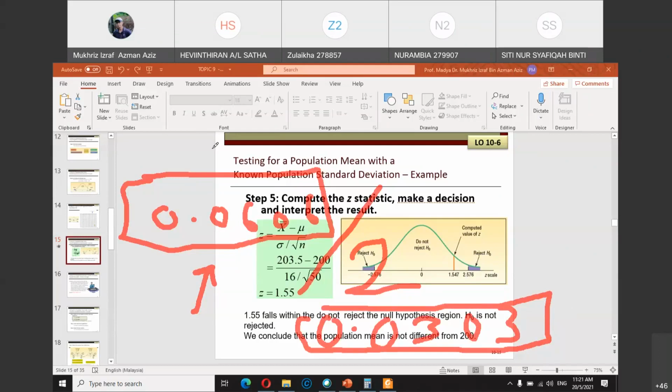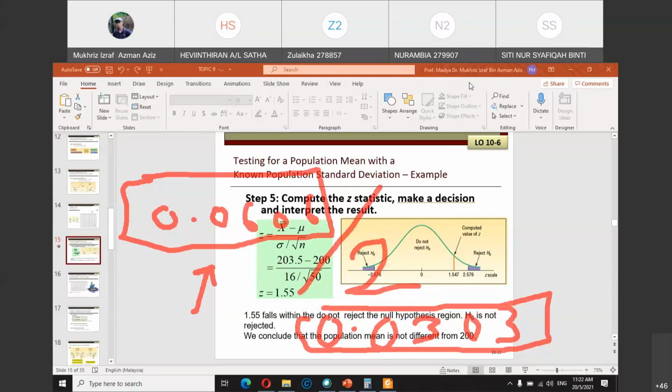But if you're using a one-tail test, then directly use the value that you get from the calculator: the value you read from the table, minus 0.5, gives 0.0606. If it is a two-tail test, you split it in half because the area is shared on the left and the right. But if it is a one-tail test, this will be the p-value.